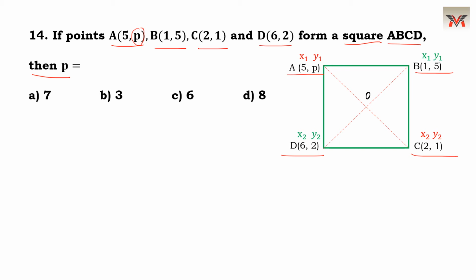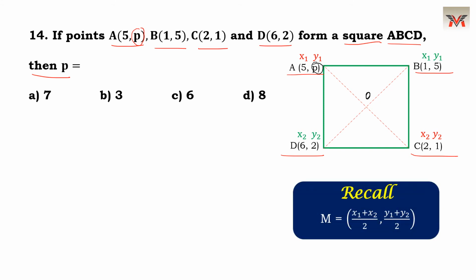So we have only one unknown, that is P over here. We can apply the midpoint formula to both the diagonals and equate them, correct? So what is the midpoint formula? M, that is the coordinates of the midpoint (x, y), is equal to ((x1 plus x2) by 2, (y1 plus y2) by 2).